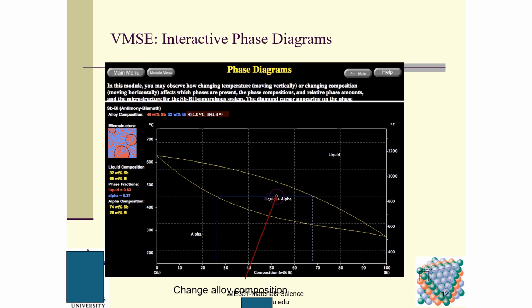Okay guys, so today's lecture is short, but it's very important. I want you guys to know the several important concepts. What is a eutectic? What is a eutectoid? What is a peritectic reaction? And also what is a congruent reaction?